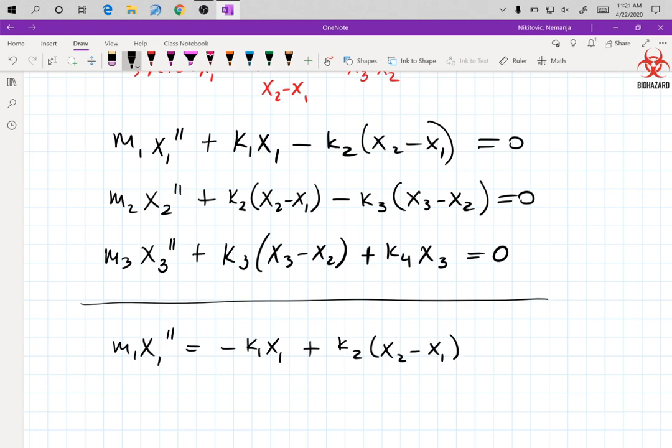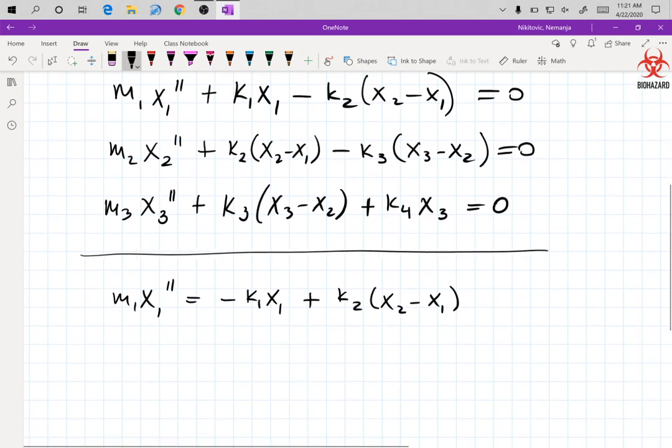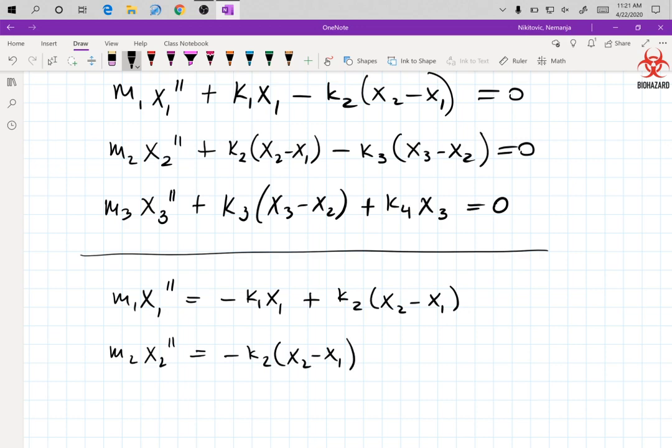Now we can swap those to make that negative as well, but whatever. m2 x2 double prime is negative k2 times x2 minus x1 plus k3 times x3 minus x2.